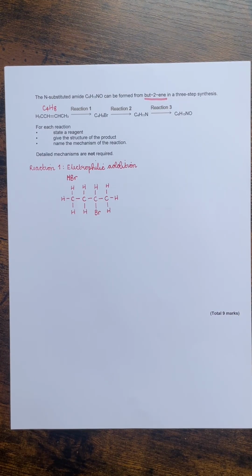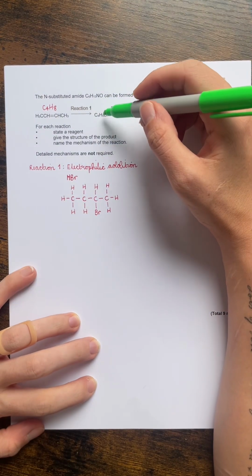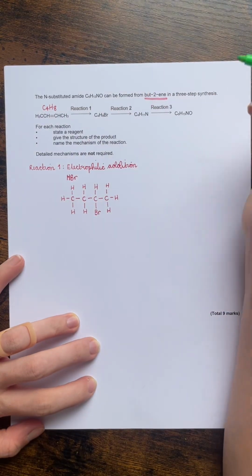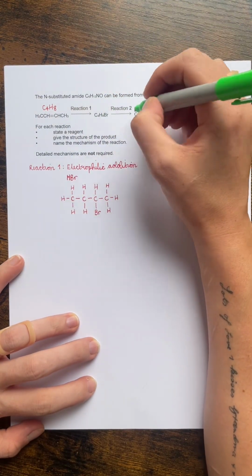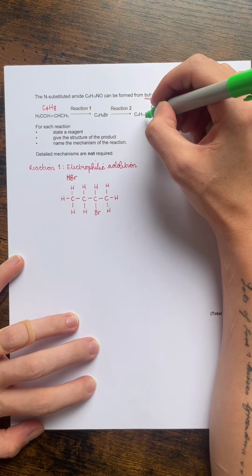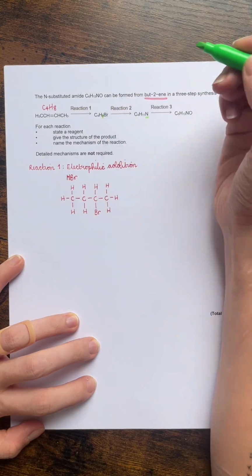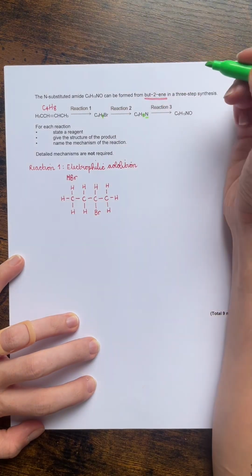Next up, we've got reaction 2. So we start now with our 2-bromobutane, and we can see, again, if we look at what's changed, that we had the bromine of the halogenoalkane, but it's now a nitrogen. And we also had 9 hydrogens before, and we've now got 11.